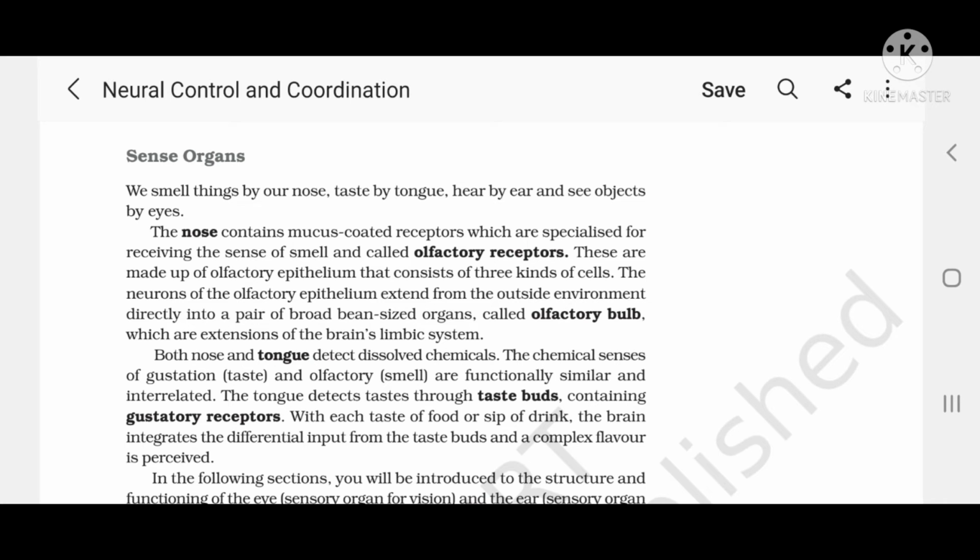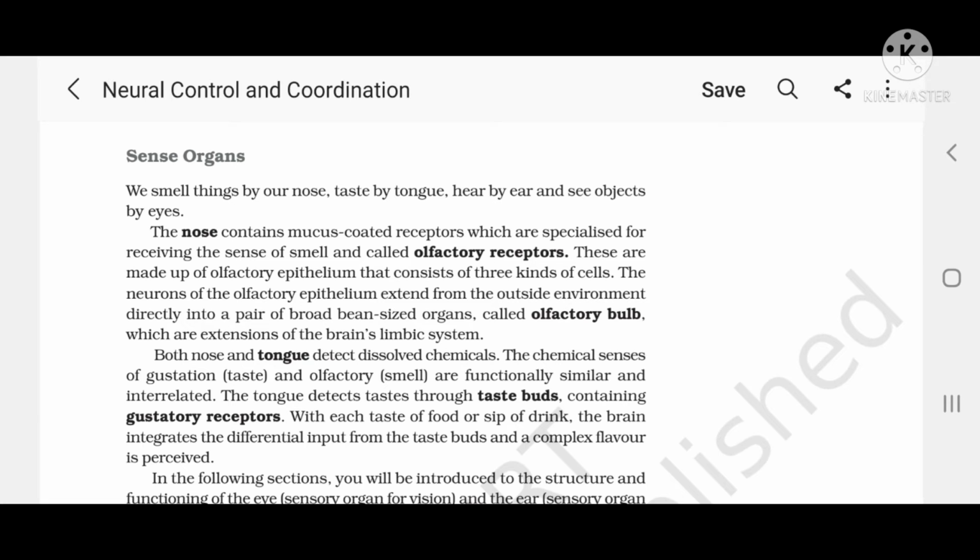Both nose and tongue detect dissolved chemicals. The chemical senses of gustation, taste, and olfaction, smell, are functionally similar and interrelated. The tongue detects taste through taste buds containing gustatory receptors.